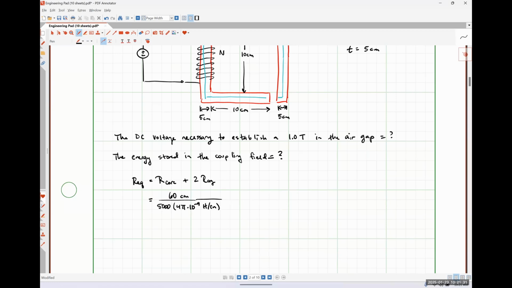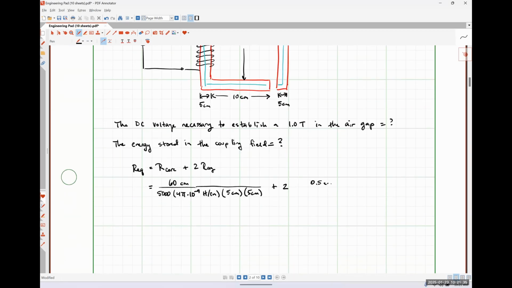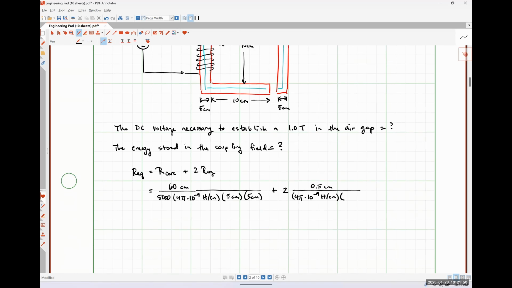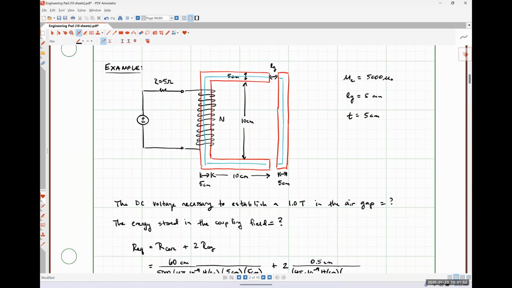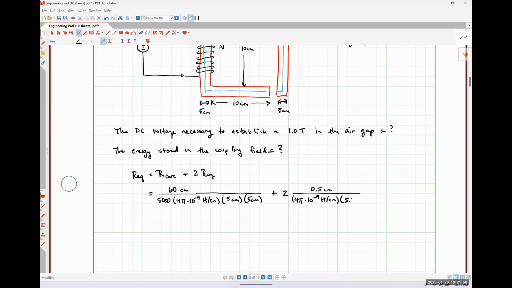So my air gap length is 5 millimeters. So I'm going to write that as 0.5 centimeters. My permeability is just 4 pi times 10 to the minus 9 henries per centimeter. And then my air gap area is going to be 5.5 centimeters times 5.5 centimeters.